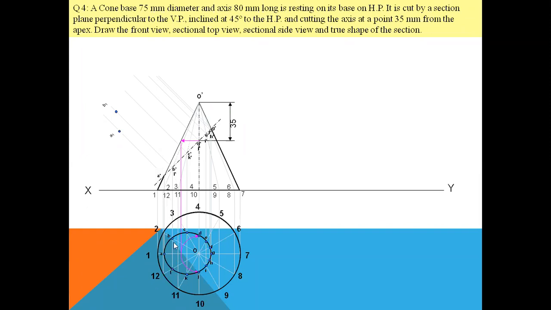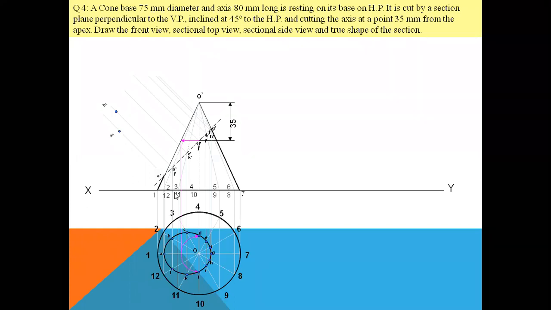However, I'm telling you, please check this. This reference line to the L line has been marked as B1 here. So similarly, I'll get all the other points in this manner. And if I join all these points, I'll get this entire true shape, right?